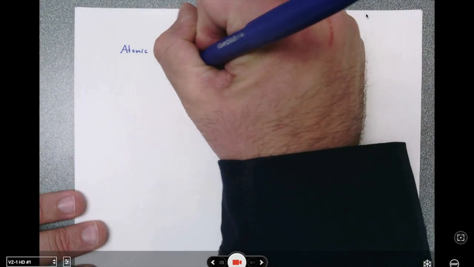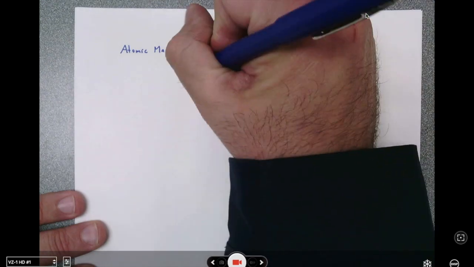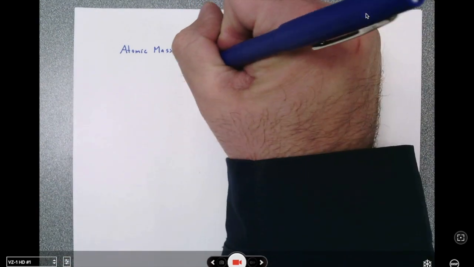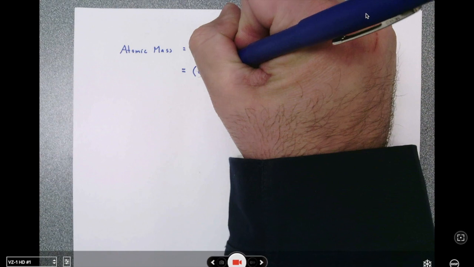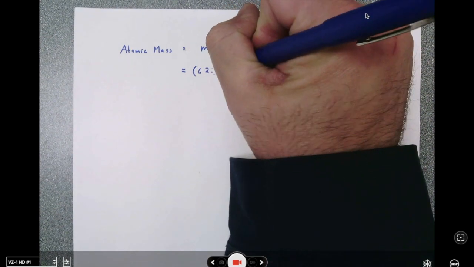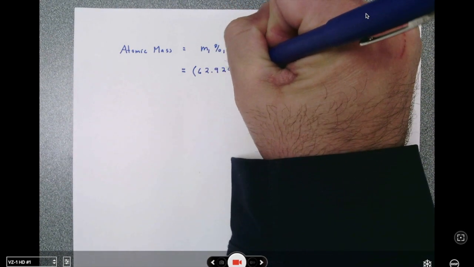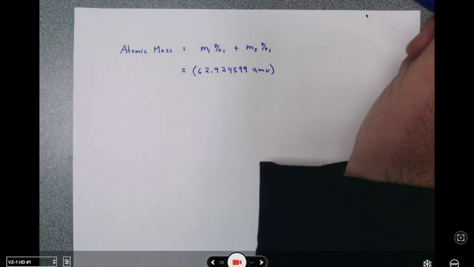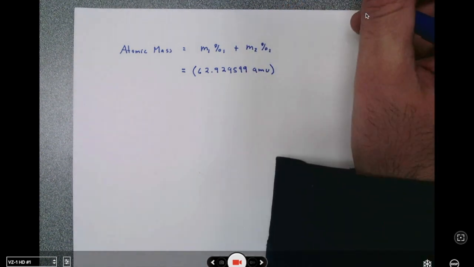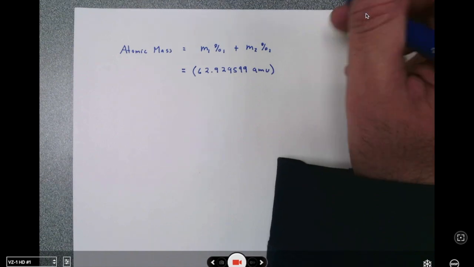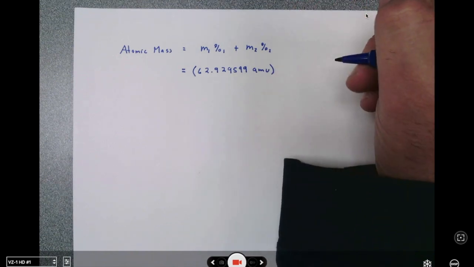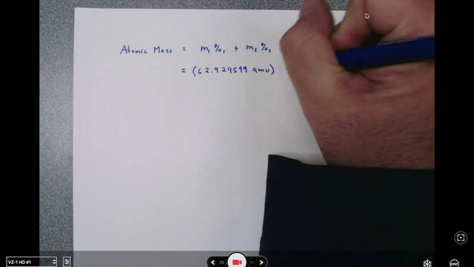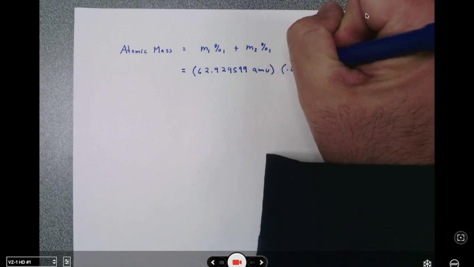Our first isotope, copper-63, has a mass of 62.929599 AMU, and the percent abundance is 69.17%. We would like to write that as a decimal, so 69.17 out of 100 is 0.6917.